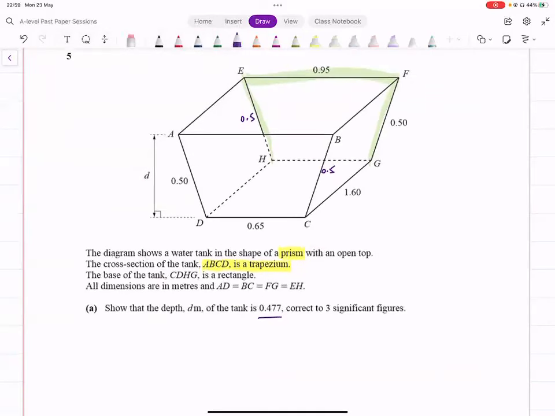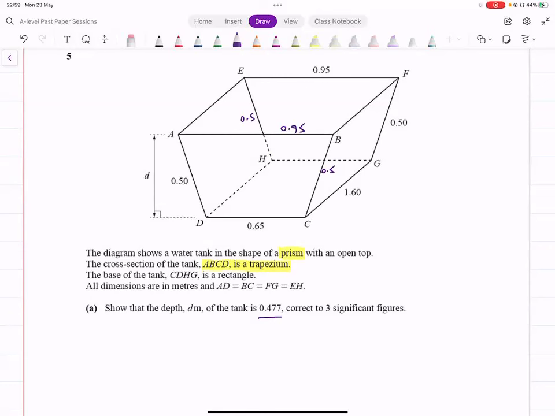Now how do you figure this out? Okay, let's think about it. So आपको length उसने सारी उस diagram के ऊपर दी हुई है. We've got this length given 0.95. If that is 0.95, that means this is also 0.95. Right? It's a prism. So opposite sides jo hain, they are congruent.